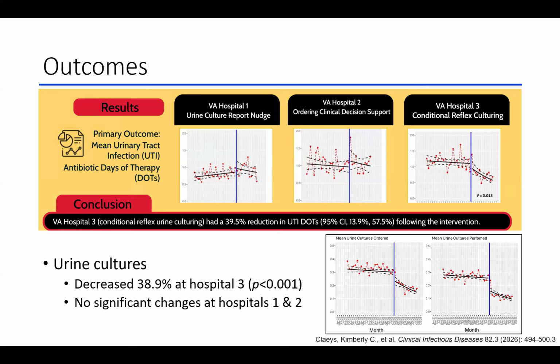So really, if you were able to drop urine cultures, you would drop antimicrobials being used on those patients for inappropriate urinary tract infections. So I thought that was a really nice comparison, especially when we're thinking about asymptomatic bacteria.